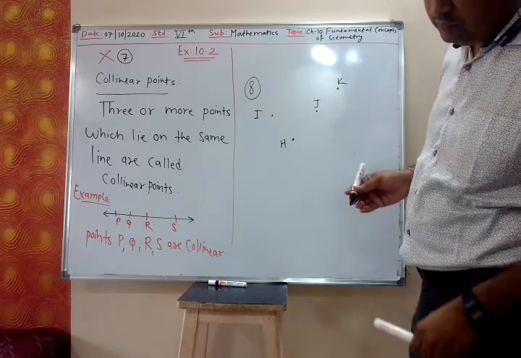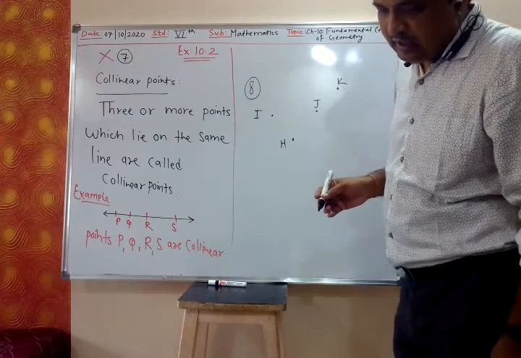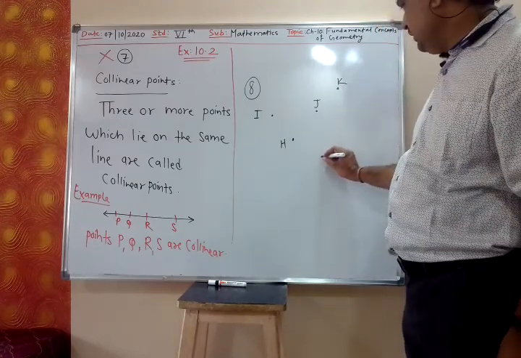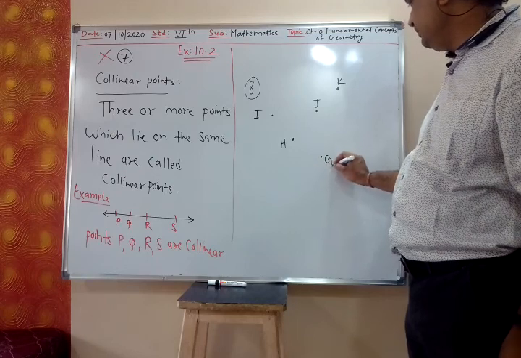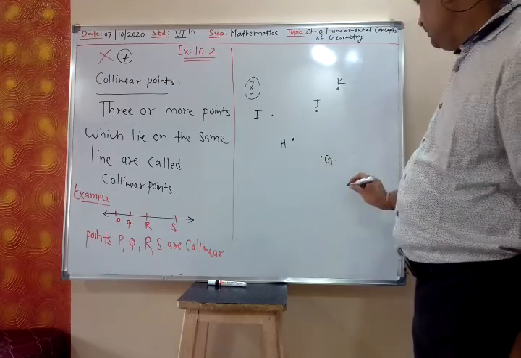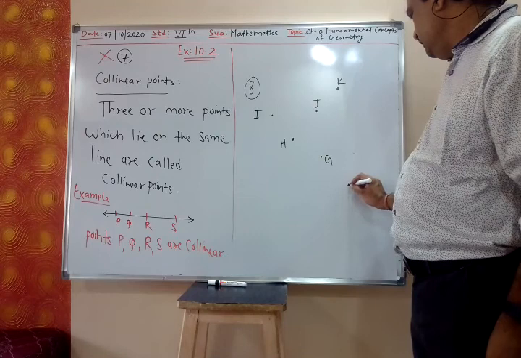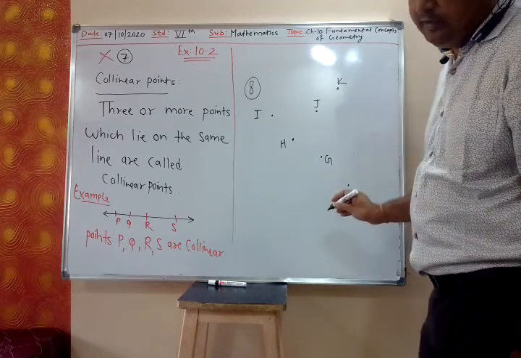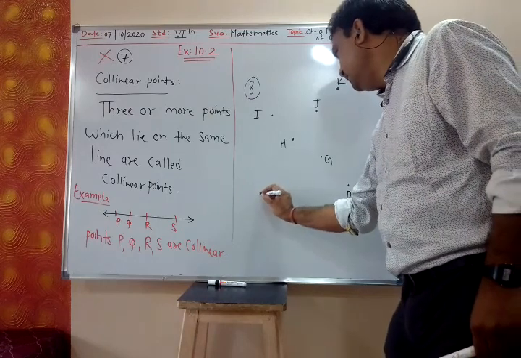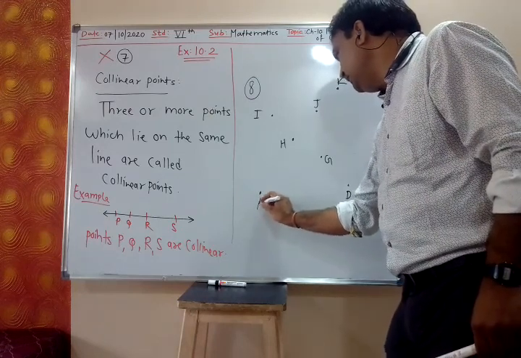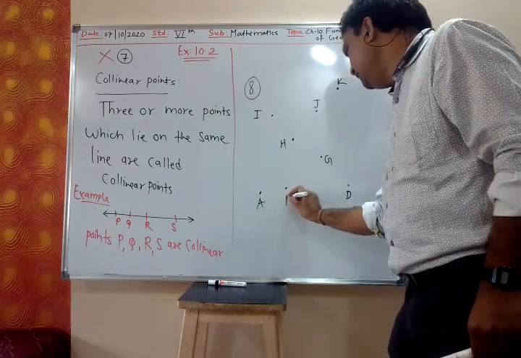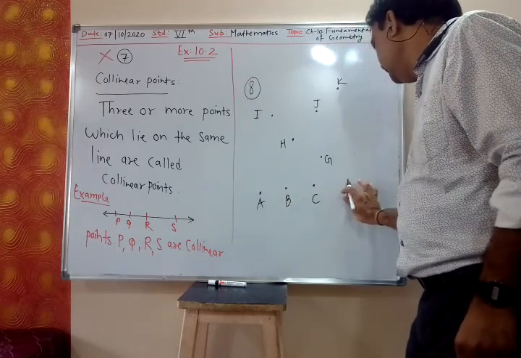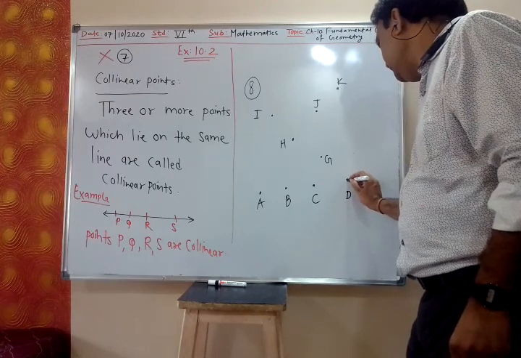I, H, G, D. These points are there. Then A, B, C, D.